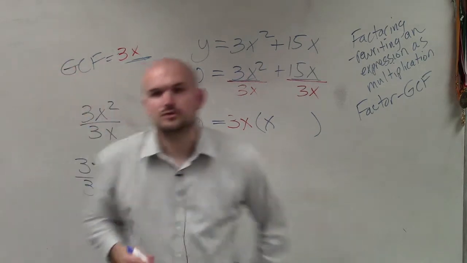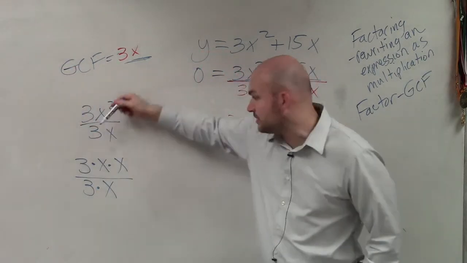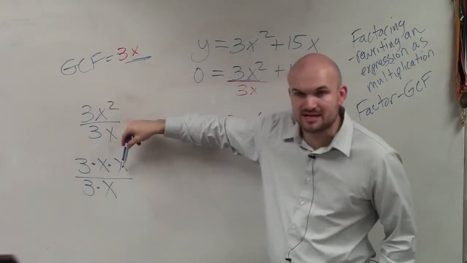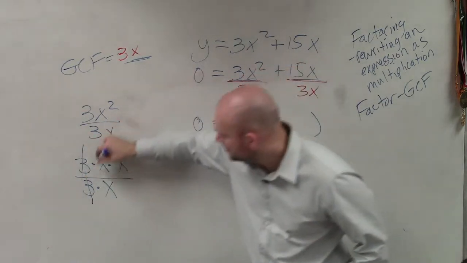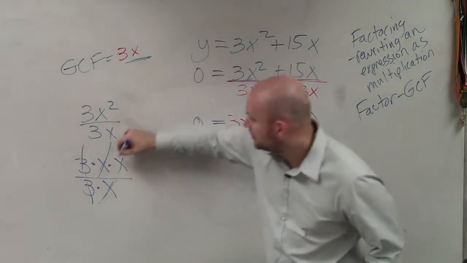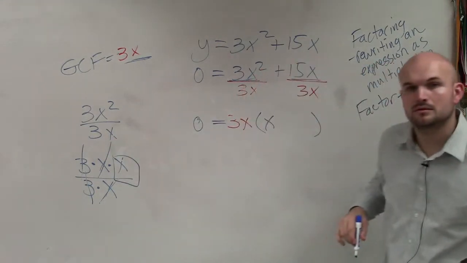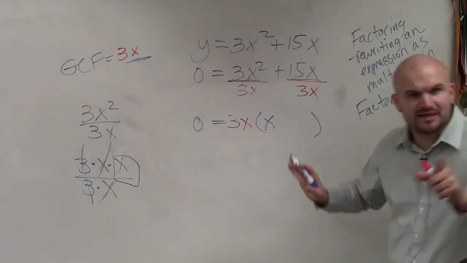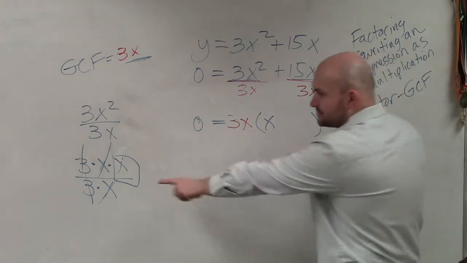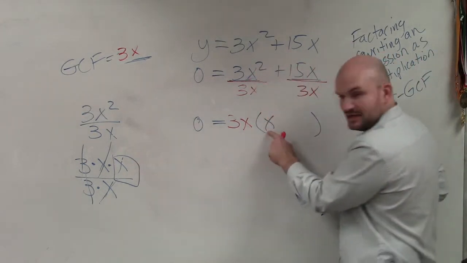OK. Do you agree with me that 3x squared can be rewritten as 3 times x times x? Yeah. OK. 3s go to 1. x's go to 1. I'm going to explain that in a second. What's left over is x. So I put it inside the parentheses.